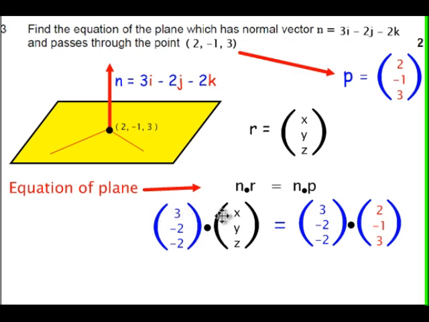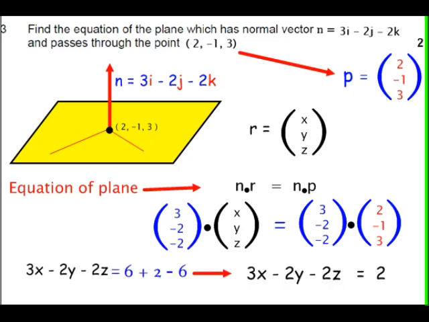Dotting the left hand side gives 3x minus 2y minus 2z. And dotting the right hand side gives us 6 plus 2 minus 6, which gives us the equation of the plane is 3x minus 2y minus 2z is equal to 2.